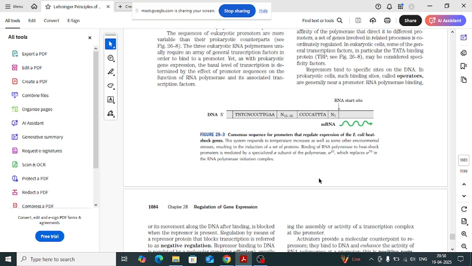So for different genes there will be different sigma factors, so that RNA polymerase can be recruited to different gene promoters. For heat shock genes, there is a specialized sigma subunit of the polymerase called sigma 32. This sigma 32 helps bacterial RNA polymerase to be recruited to the promoter of heat shock genes.